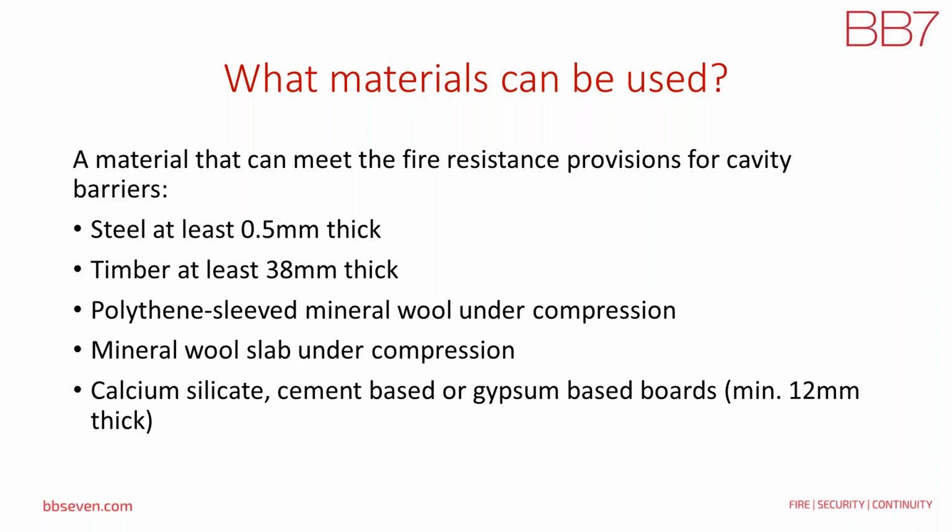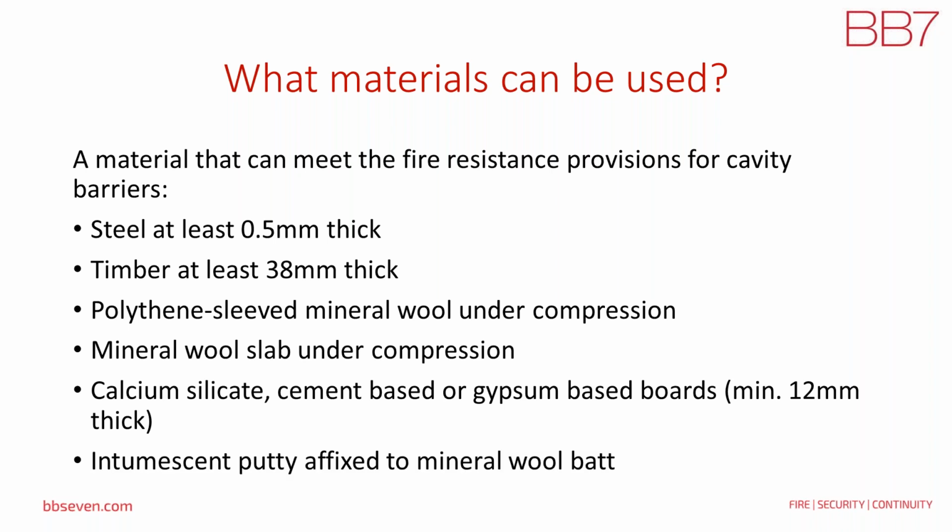And you can see that the minimum is 12 millimeters thick. You can also use intumescent putty affixed to mineral wool batt. So that's the idea. If you've got your mineral wool slab, on the end of that slab, you can then use intumescent putty, and this would be used typically in rain screen cladding, where there is a requirement for a ventilated cavity.